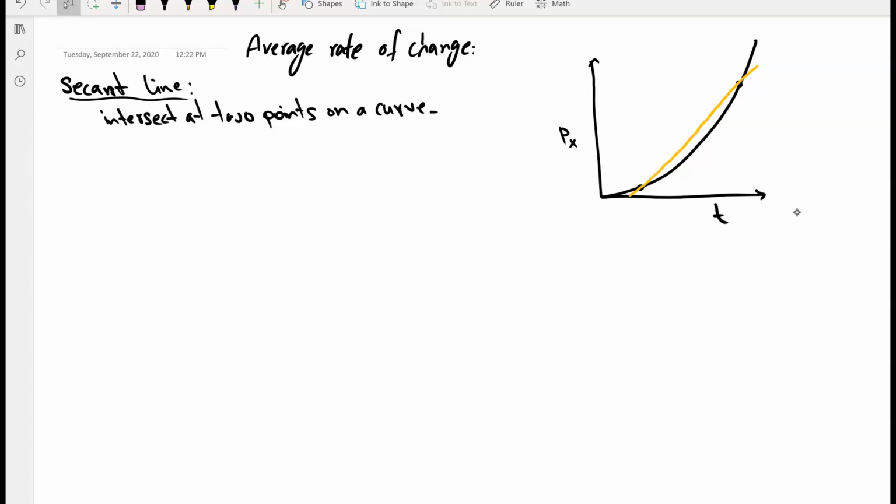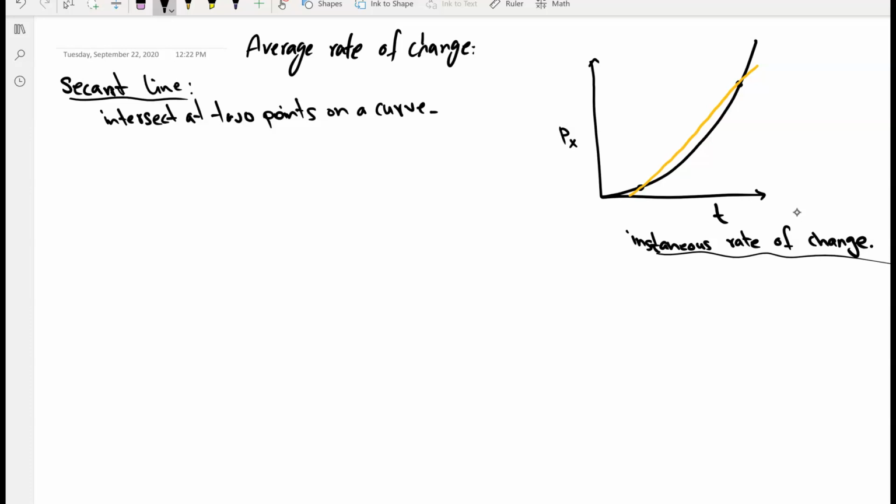When I'm asking about that moment, the velocity of that moment is known as instantaneous velocity or instantaneous rate of change. Instantaneous, because it comes from an instant. We will discuss this instantaneous rate of change later in a different lesson, but let's talk about the secant line.